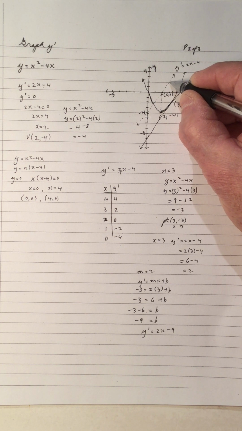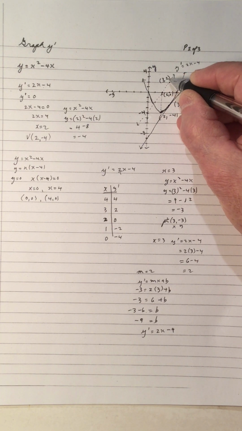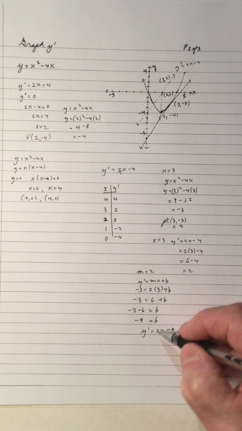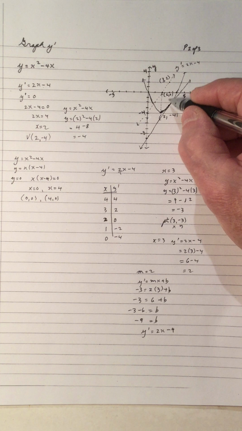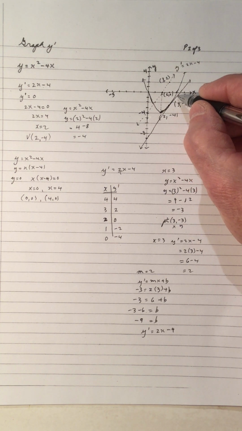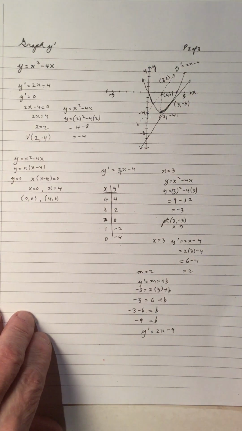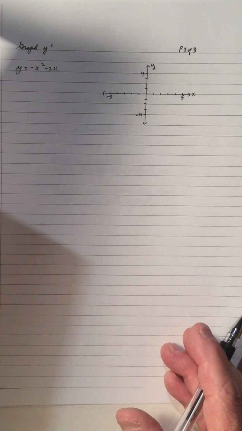So this y coordinate. So this is 3, 2. Notice that 2 is the slope of this tangent. So on this line, all the y coordinates are the slope of the tangents at a particular point on the parabola. So I just wanted to make sure I have a good explanation on that.